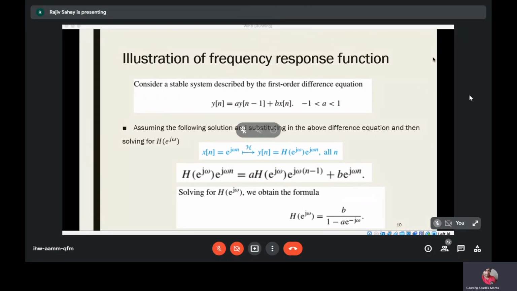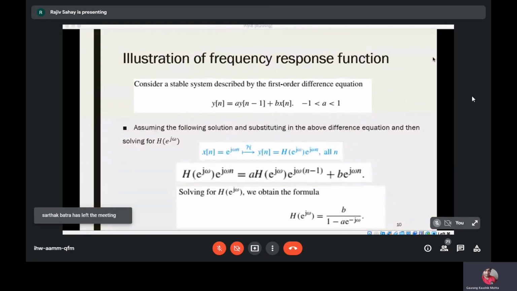Last class we had discussed this example, and I had discussed the eigenfunction property of the LTI system, and we had looked at this example and seen how each frequency component is individually affected by the magnitude response and the phase response of the LTI system.